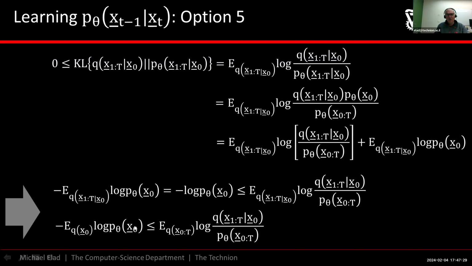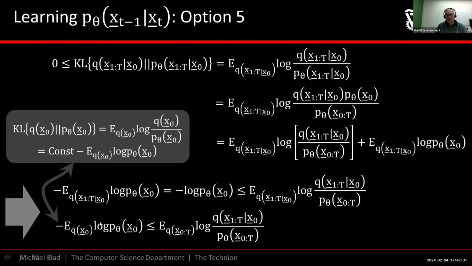In fact, if you think about it, a more elegant way of explaining it is the following. What you see here is closely related to the Kullback-Leibler between Q, the true probability of x0, and the fake one, the one that the generator creates. This Kullback-Leibler between the two is an expectation over the distribution Q, just like here, of log of the first divided by the second. If you think about it, take this and break it into two expressions.